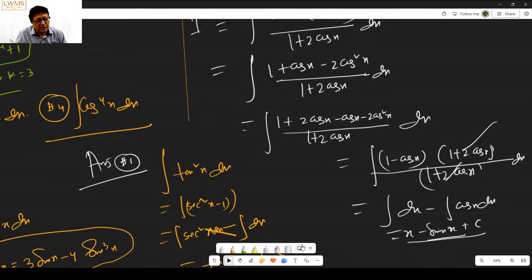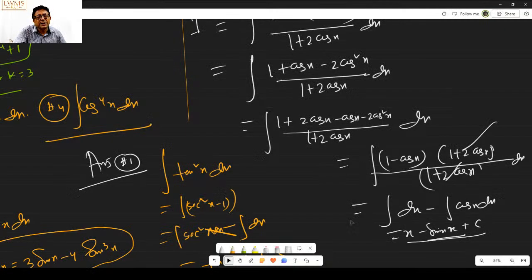You have to remember all the formulas and then apply them to get success. How many of you remember how to convert cos to the power 4x in terms of linear functions? Let us do that.